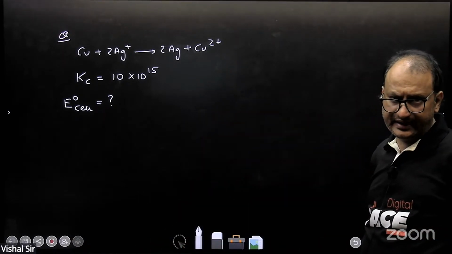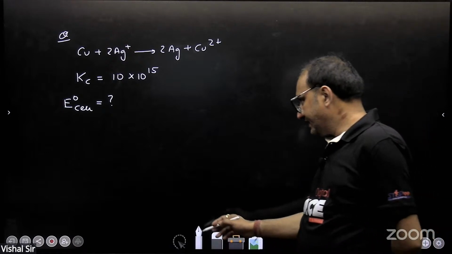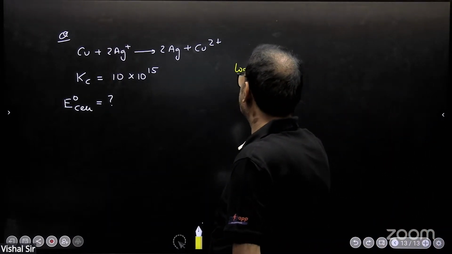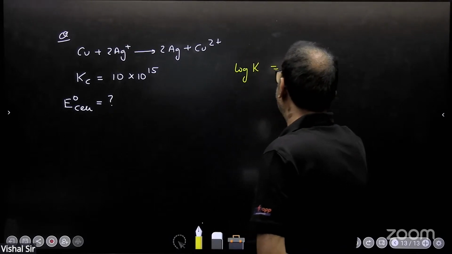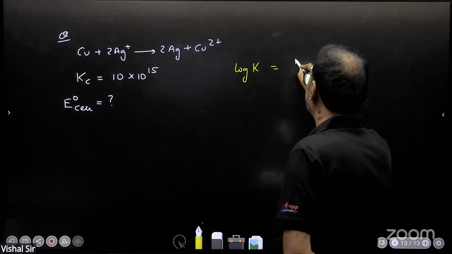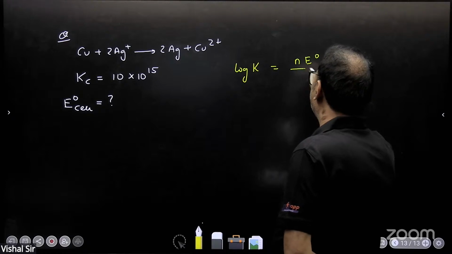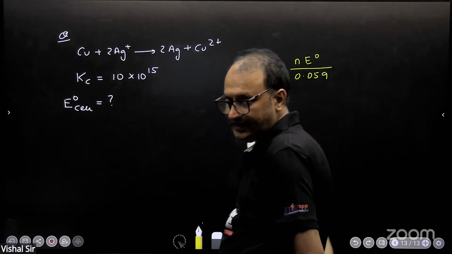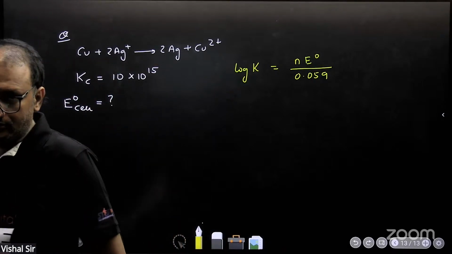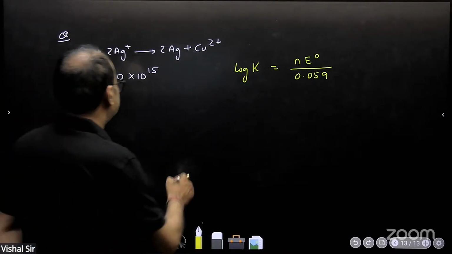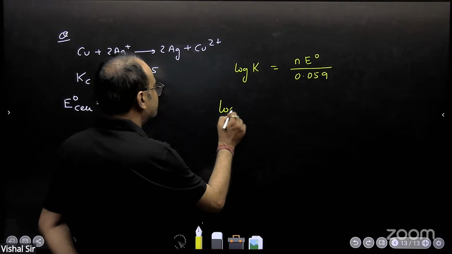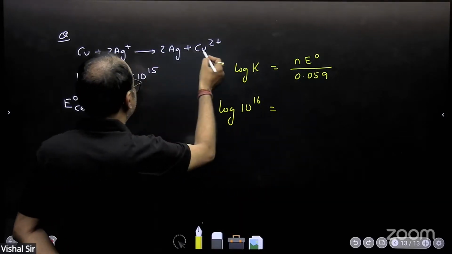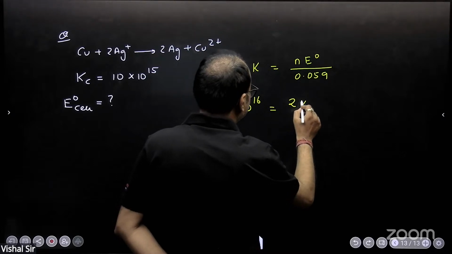Directly we can apply the relation between K and E. What was our relation if you remember? Log K is equal to nE naught by 0.059. Correct? So let's just substitute the values. K is given 10 raised to 16. N factor you can see in the reaction is 2.